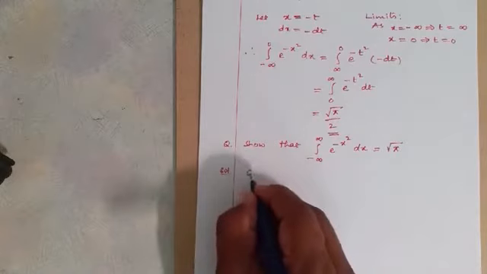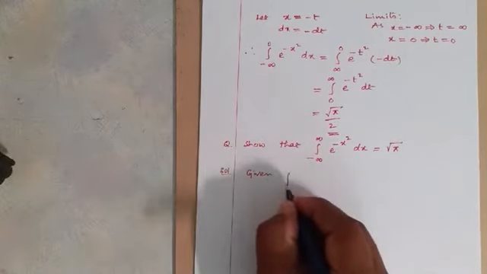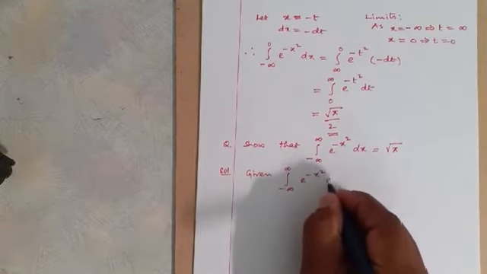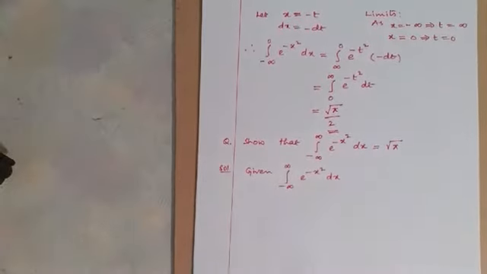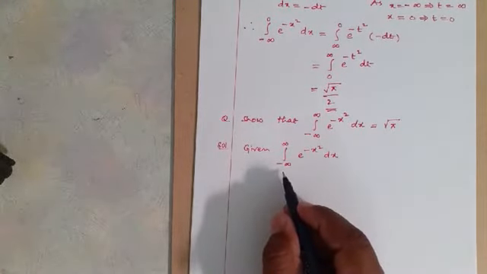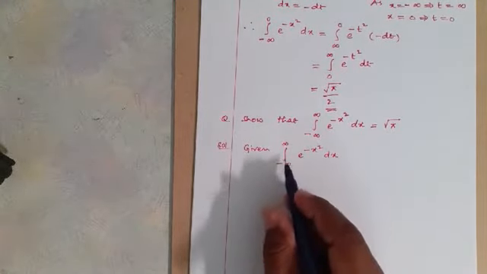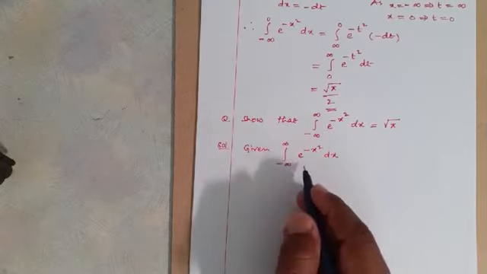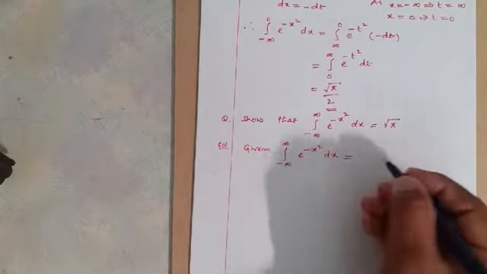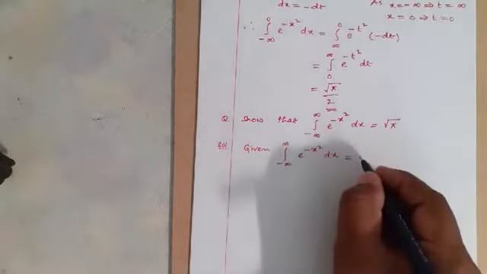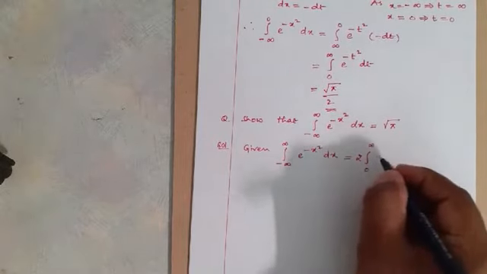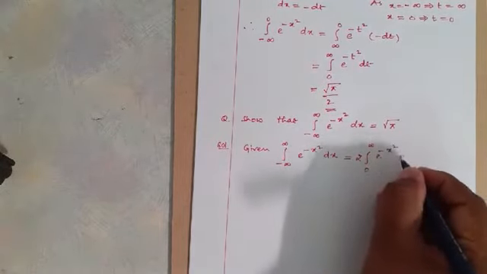Again, what is given here? The integral from minus infinity to infinity of e power minus x square dx. Now I can write this, as you know from the properties of definite integral, when you have the integral from minus infinity to infinity of f of x dx, and f of x is an even function, then you write 2 times the integral from 0 to infinity of e power minus x square dx.